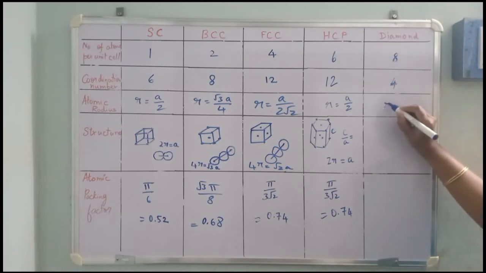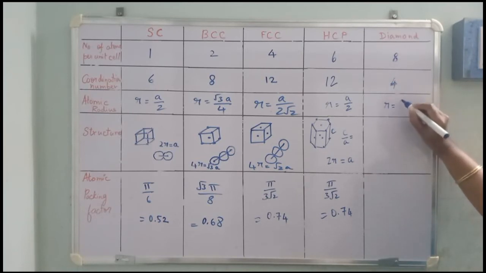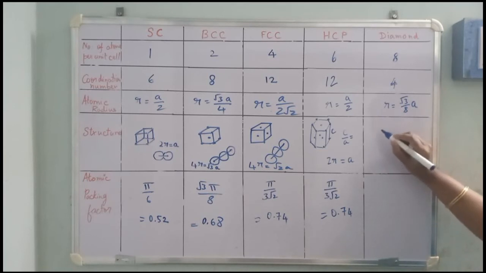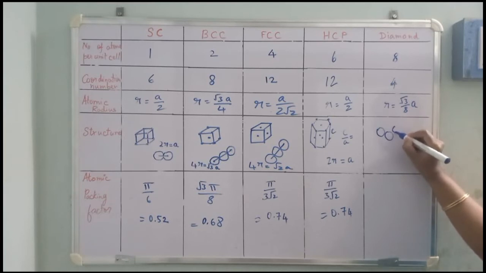The atomic radius, as we have seen from our discussion, is root 3 by 8a. This is because diamond is forming a tetrahedral structure.